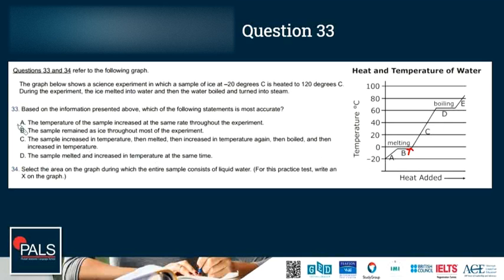The sample increased in temperature, then melted, then increased in temperature again, then boiled, and then increased in temperature. That sounds very reasonable. We have an increase in temperature, it melts, we have another increase in temperature, it boils, and we have another increase in temperature.